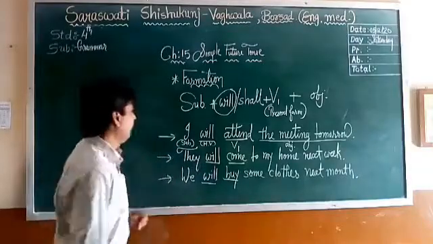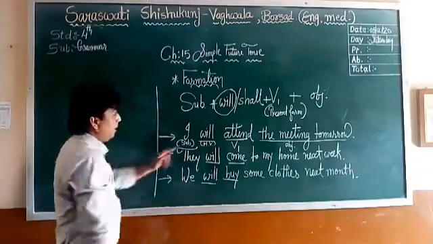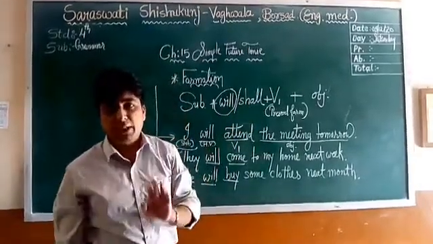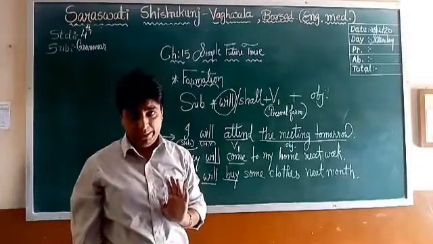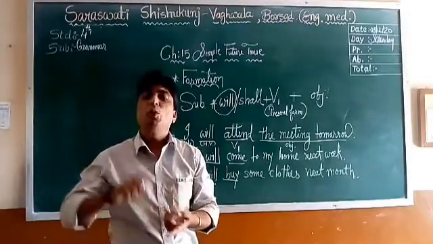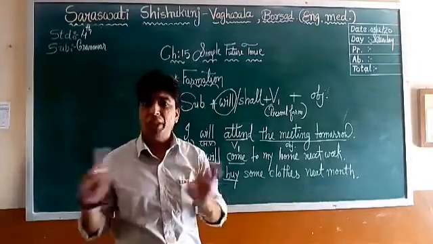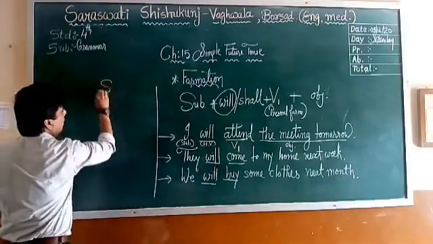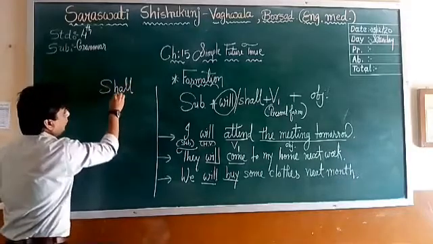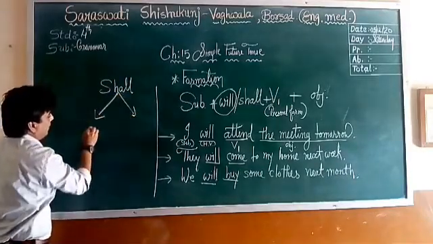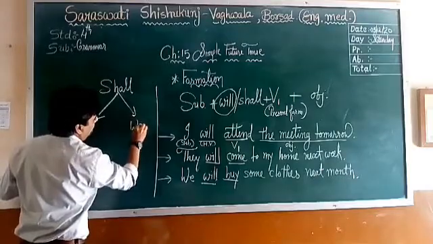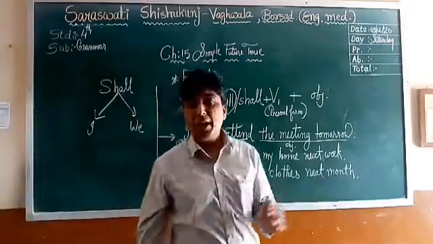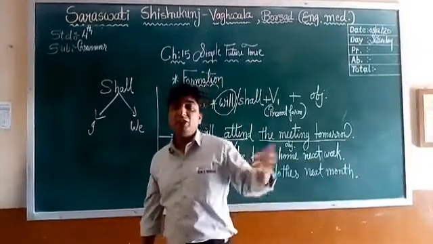Now, as I told you, shall is used only with two subjects. This is for your information only. We will use only will, not shall. Shall is used only with two subjects, that is I and we. We cannot say you shall, he shall, she shall, it shall.